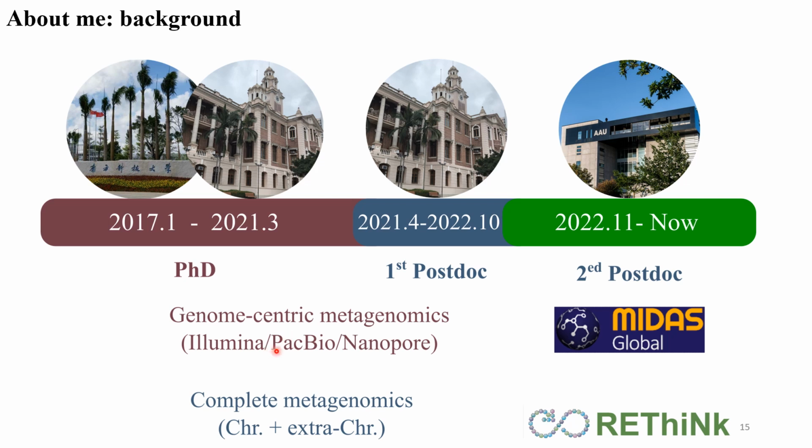Initially, I tried to use Illumina sequencing to recover genomes from environmental samples, but at that time, I found it too expensive to afford, so I switched to a hybrid strategy, leveraging the Illumina short reads and the nanopore long reads. Then I continued to work on nanopore sequencing-based complete metagenomics. Since last November, I have joined AAU and been involved in the Metas Global and Rethink projects.